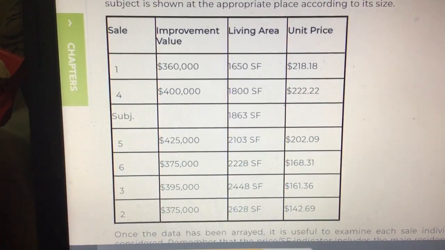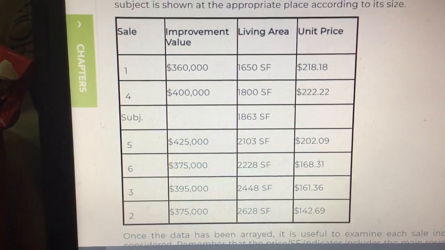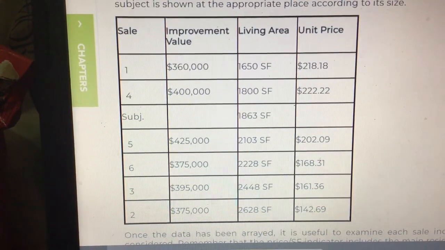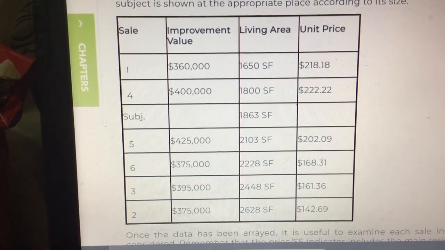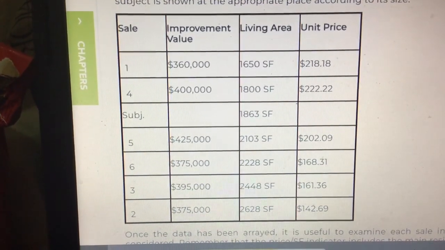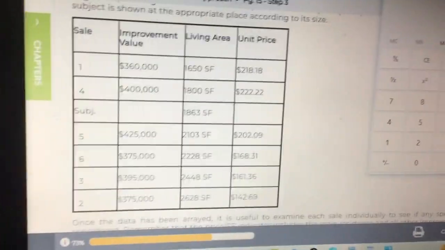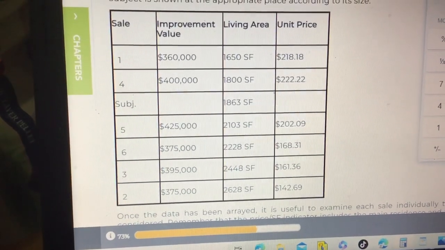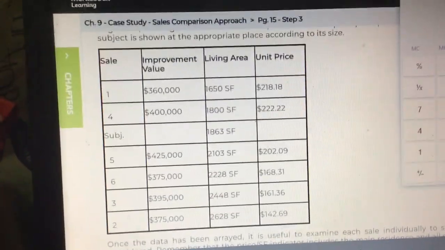We can kind of throw out the outliers when we look at that, right? $375,425. I'm going to go for my answer. I'm going to go 395,000.